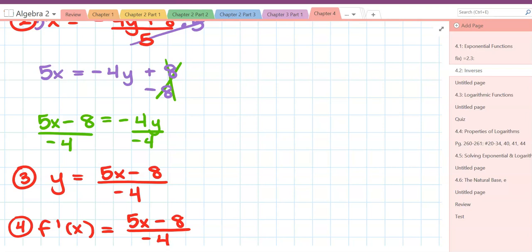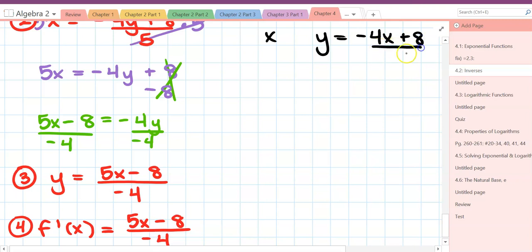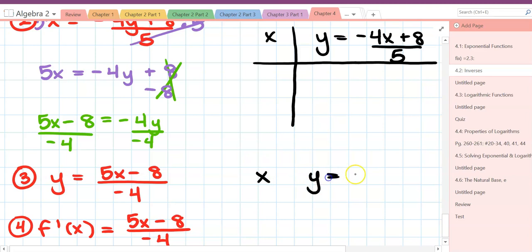All right, so our two functions here, one of them is that original which said negative 4x plus 8 all over 5. And then the other one is our new one which says 5x minus 8 over negative 4.